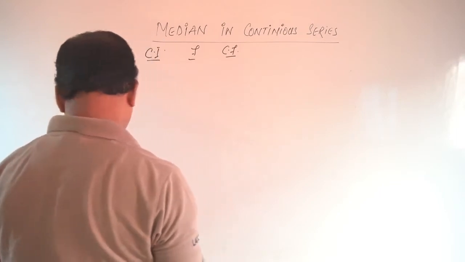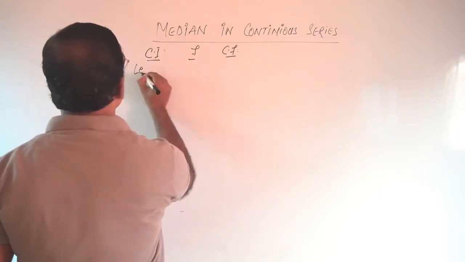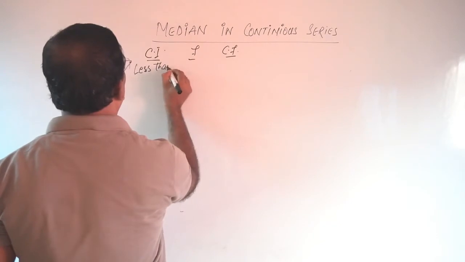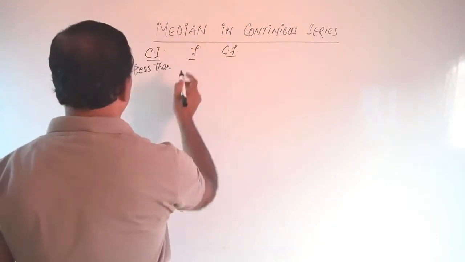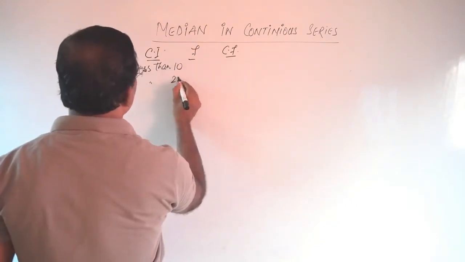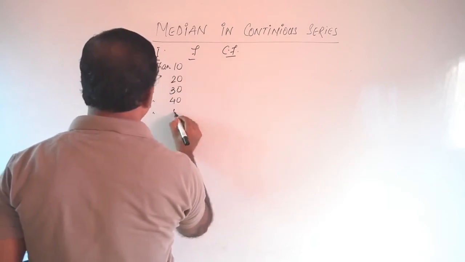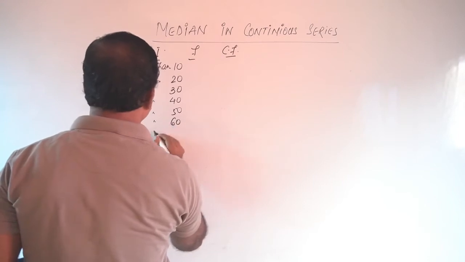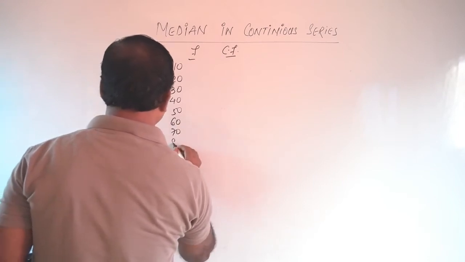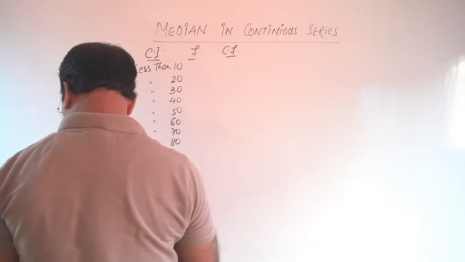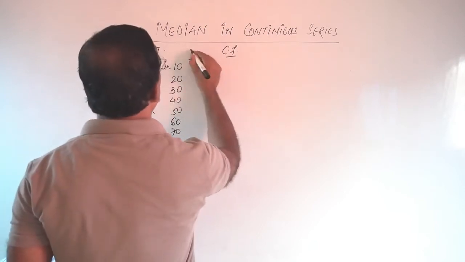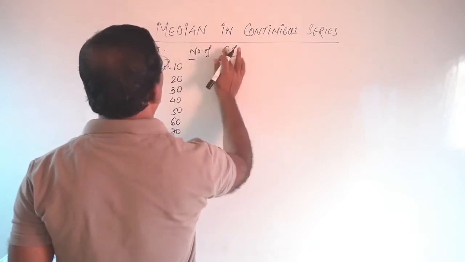The next question is: less than 10, less than 20, less than 30, 40, 50, 60, 70, 80, and number of workers. What CF?